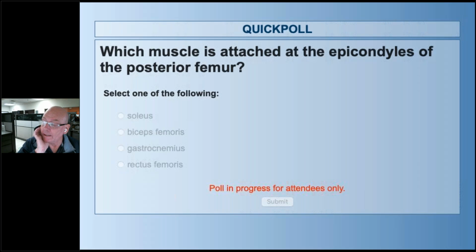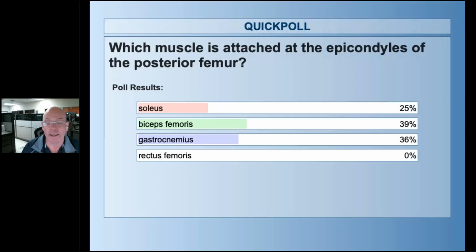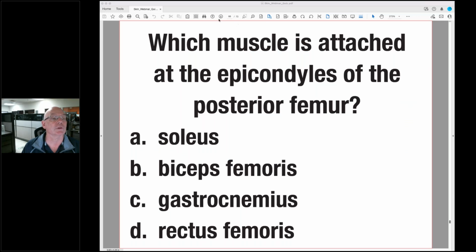And half of you voted. Go ahead, bring that percentage up and answer if you haven't already. Interesting. Quite the mix. I told you not to answer rectus femoris, which is good that you didn't. I'm closing the poll, and look at that. It's mixed. Okay. So thinking about it, and I went over this before, so I'm a little confused. Okay.